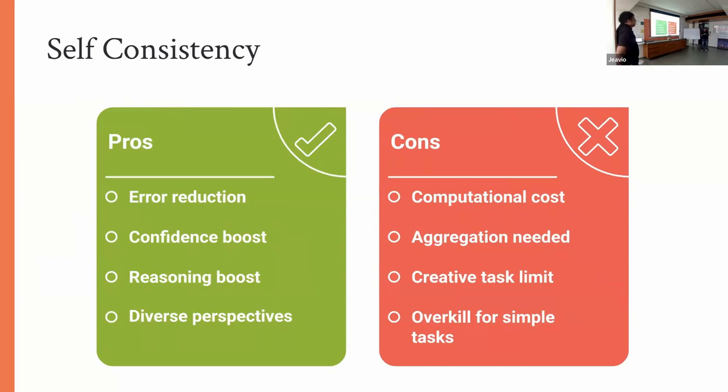It is also overkill for a simpler task. If you want a simple summary, reasoning around 7 different things wouldn't be the right prompt. The time taken for this type of prompt is also higher as you are reasoning over multiple steps.